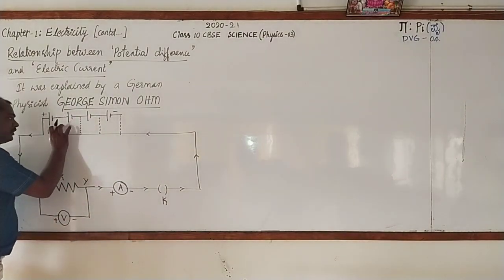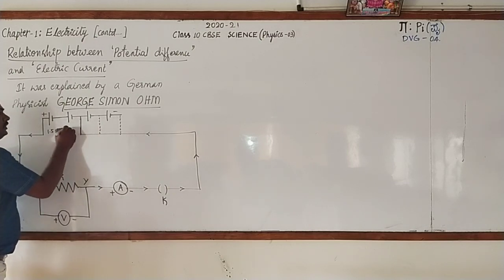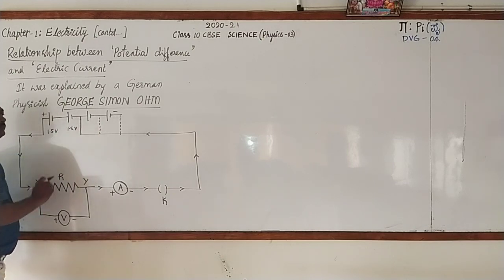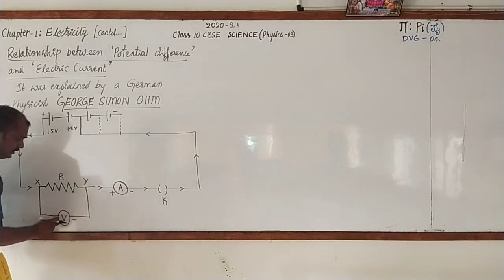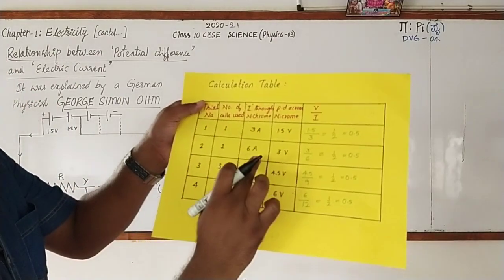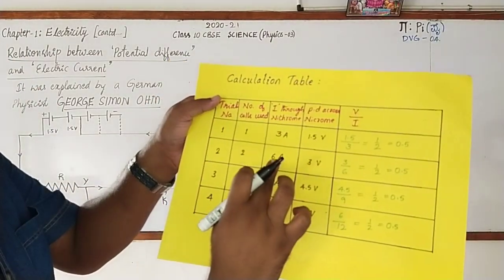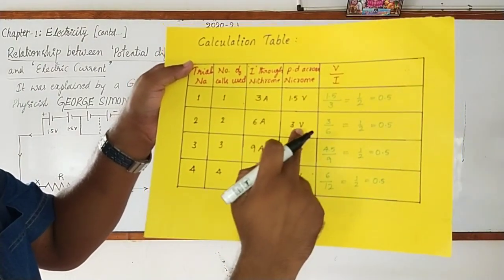Then connect another cell. It is also 1.5 volts. Then observe the ammeter and voltmeter and take their readings. The ammeter is showing 6 amps and the voltmeter is showing 3 volts.